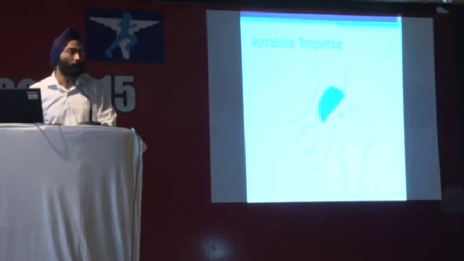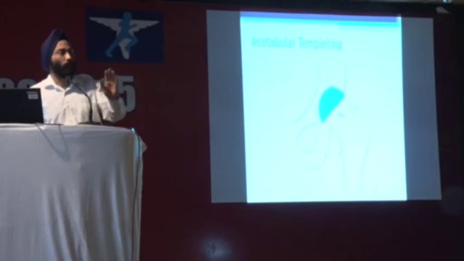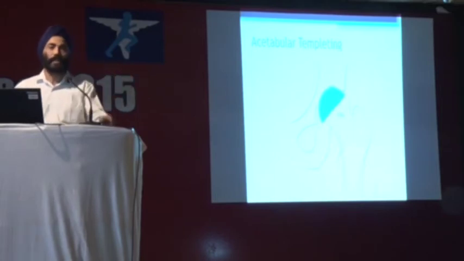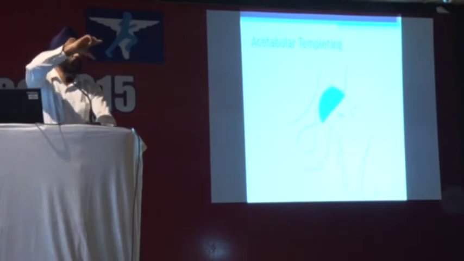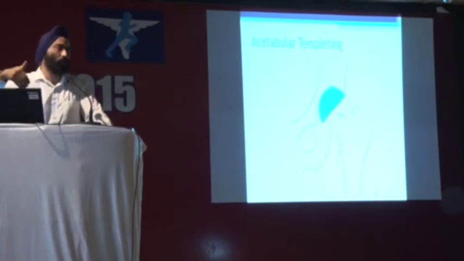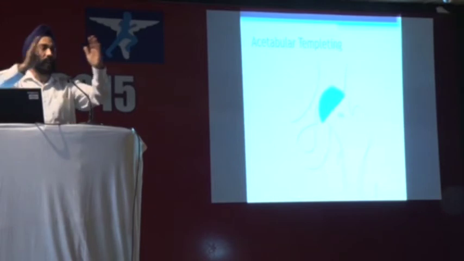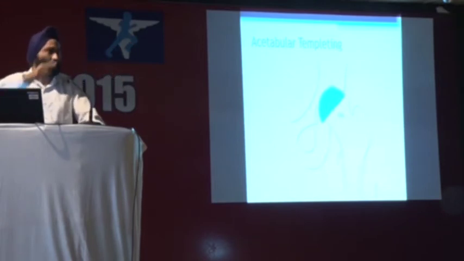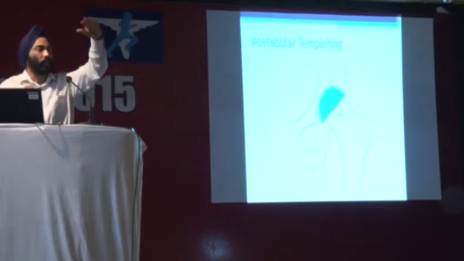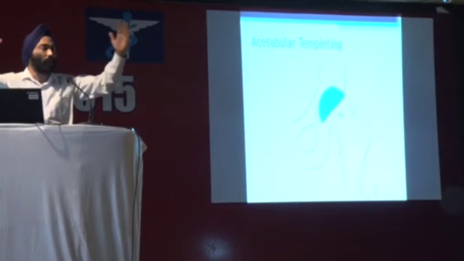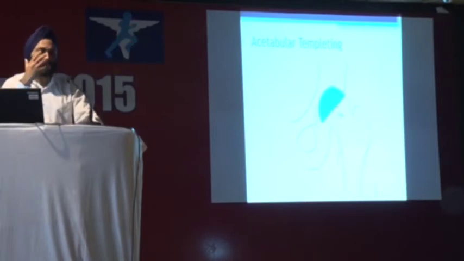Can this be done in digital X-ray, which can be out of proportion to the size? Yes, you can do it in digital X-ray, because as you keep on increasing the size, the distances don't differ. If you take a CD and put it on your system, it may enlarge the image, but if you take the distances, they always remain the same. If the image is increasing, the scale also increases. So if you have calculated 40 and then zoom in, it remains 40. It's just that the visual impression increases, but the measurement remains the same.